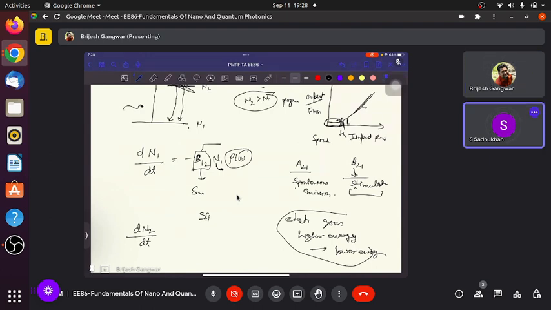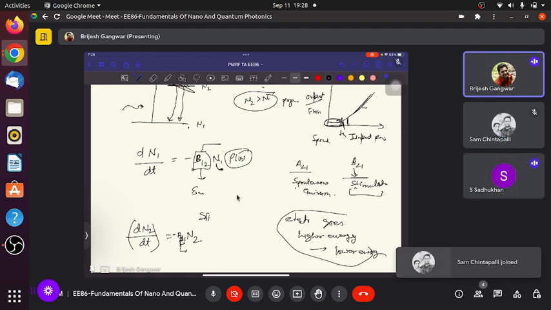This is related to emission, and it is proportional to n2, and there should be one coefficient, that is A21, meaning 2 to 1, second level to first level. So this is the emission constant.